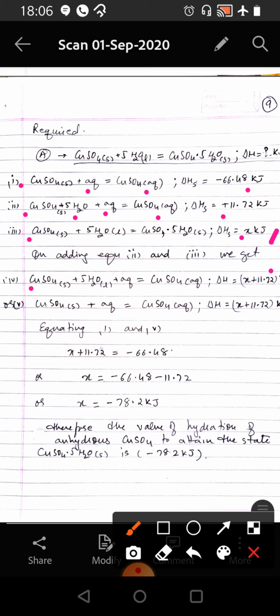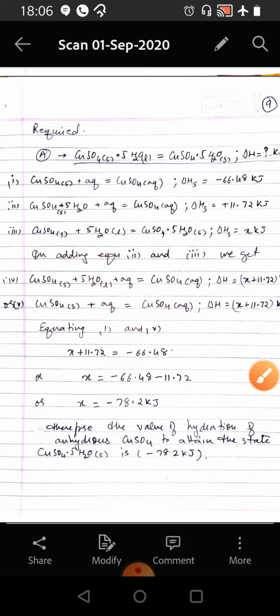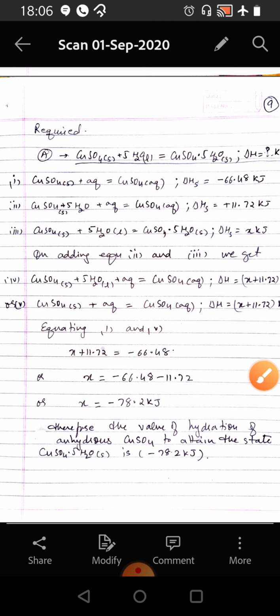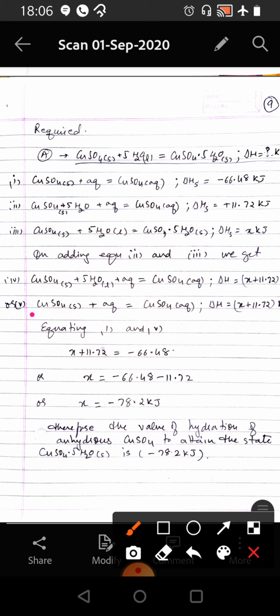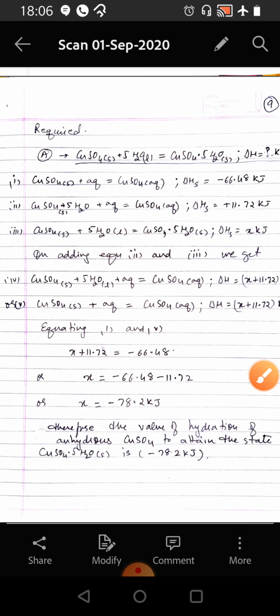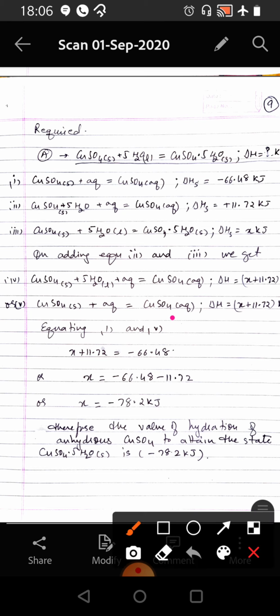This equation can be written as CuSO4 solid plus excess of water, because 5H2O and aq can both be written as only excess of water. This gives rise to copper sulfate solution, and here the delta H is, as we have seen, x plus 11.72.